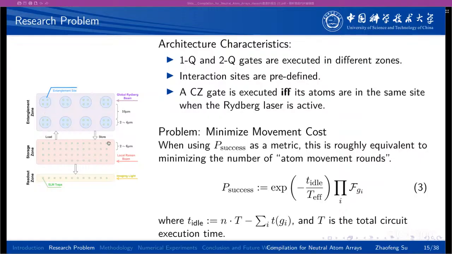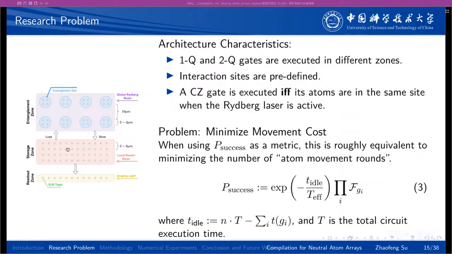The 2-qubit CZ gate is executed if and only if its atoms are in the same site in the entanglement zone, and then we apply the Rydberg laser to apply the CZ gate.